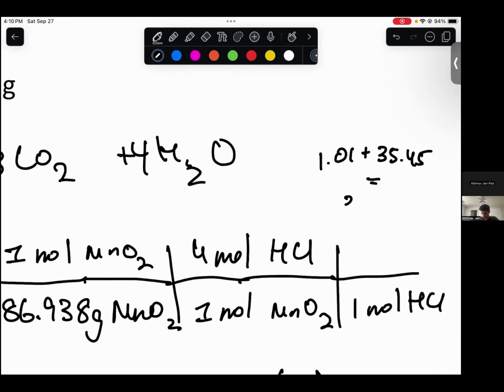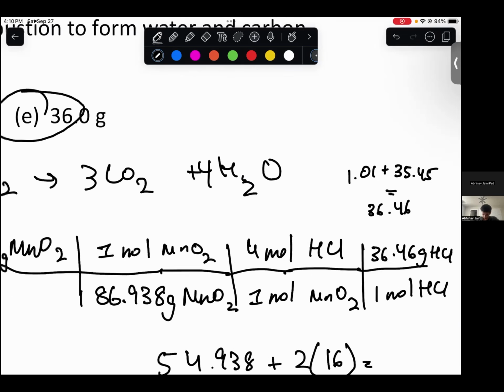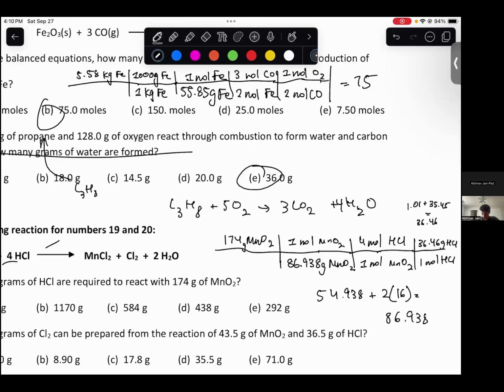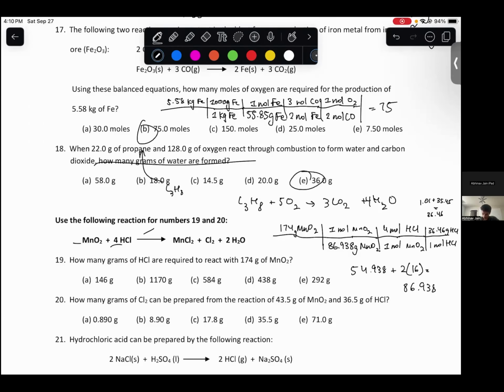It's going to be around 36.46. We have 36.46 grams of HCl. So I'll multiply all this out. 174 times 4 times 36.46, divided by 86.938. And then that'll be our answer. So that's 292 grams. So that's an E.